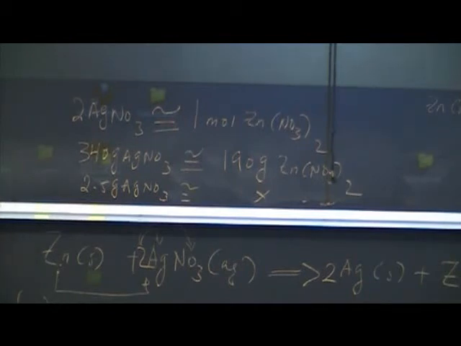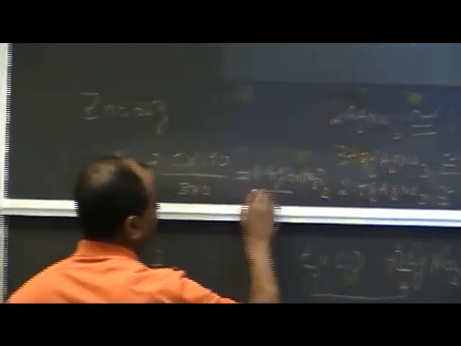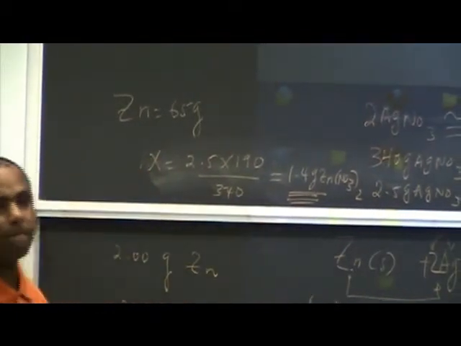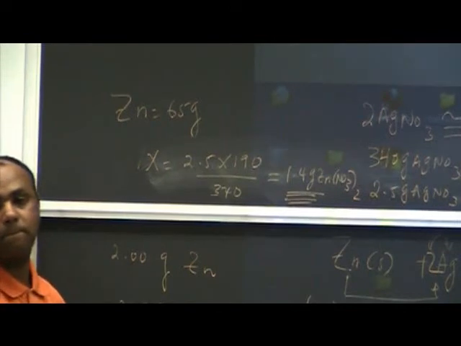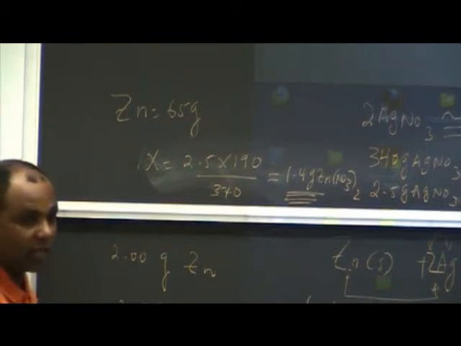That gives me 1.4 grams of zinc nitrate. This is the amount that you get from 2.5 grams of silver nitrate.